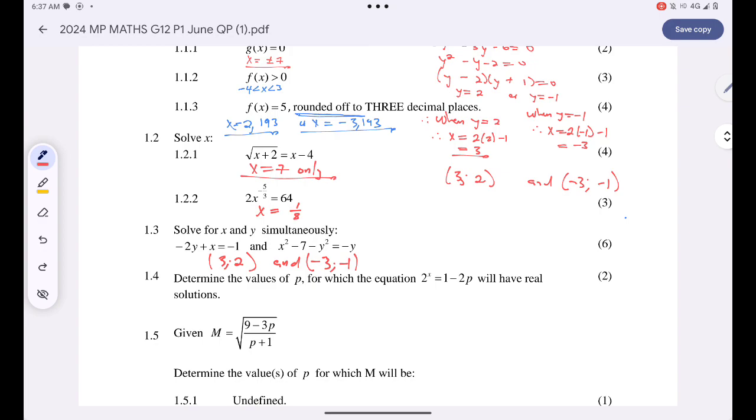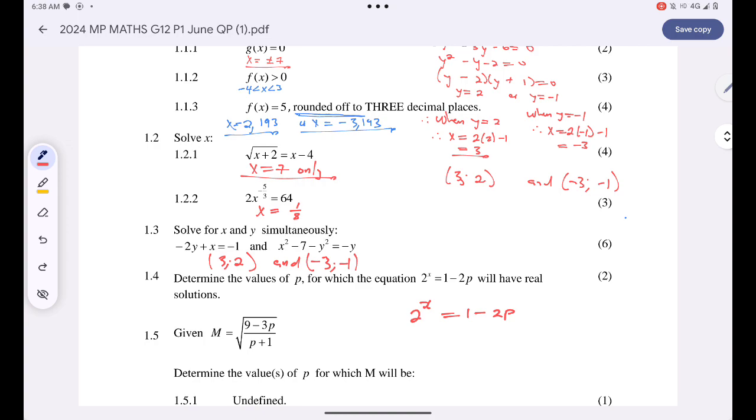Okay. Determine the values of p for which the equation will have real roots. If I have something like this, 2x is equal to 1 minus 2p. I know that, guys, there's no x value that will make this entire thing negative. So on the right hand side of my equal sign, I should always have a positive number.